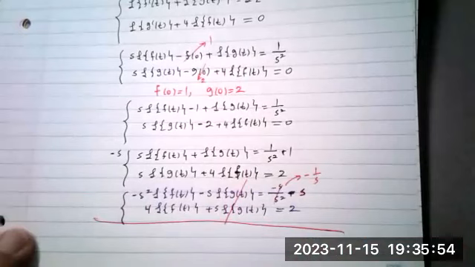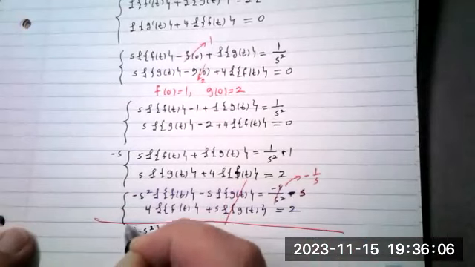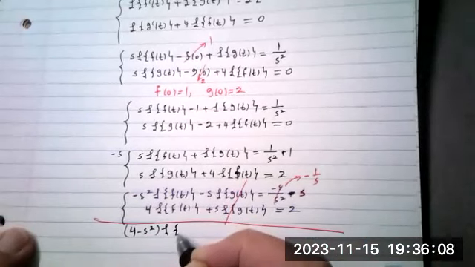So what's going to be the leftover? We get -s squared Laplace of f of t and the 4. If you add them together, it would be 4 minus s squared times Laplace of f of t.